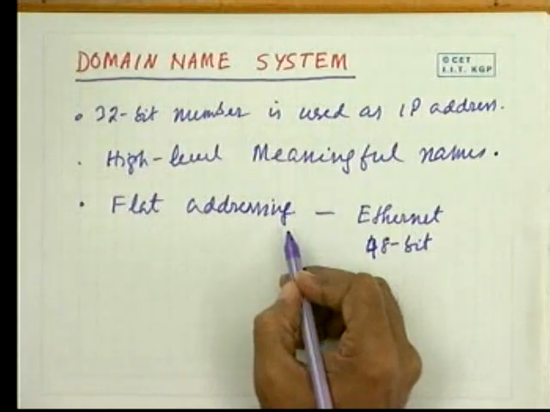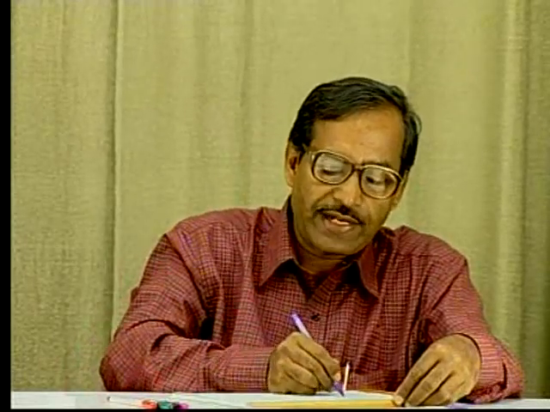Another problem was that as the number of computers in the network increased, it was very difficult for the central agency like NIC to provide names. The situation was somewhat similar to Kavi Guru Rabindranath Tagore. When he was alive, every person requested him to give the names of a theater, a cinema hall, their newborn child, and so on.